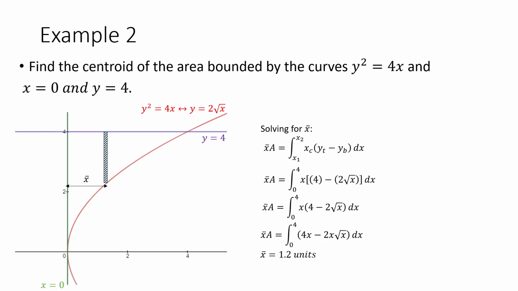So x and y will switch. The y sub c would be just y in the horizontal strip, and then x sub c in the horizontal strip would be using the midpoint theorem now. So they switch. Later on after this, you'll see the difference in the formula for the vertical strip or the horizontal strip.